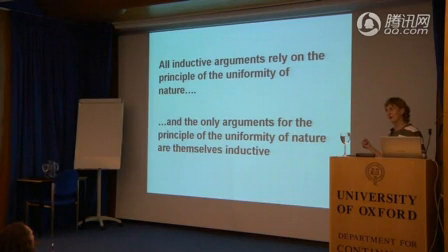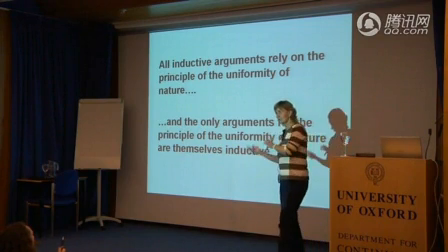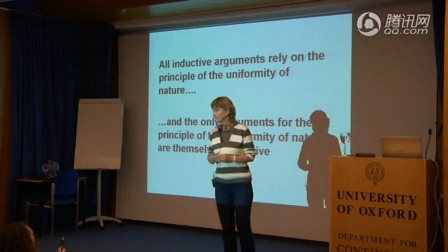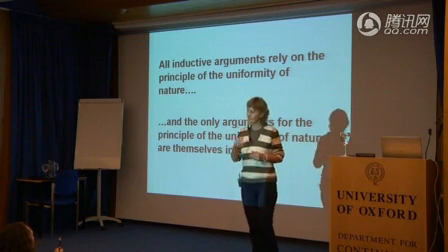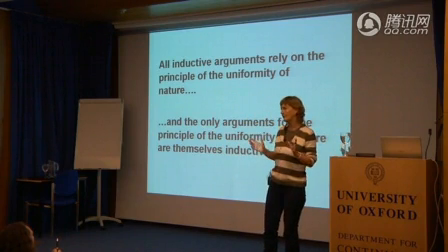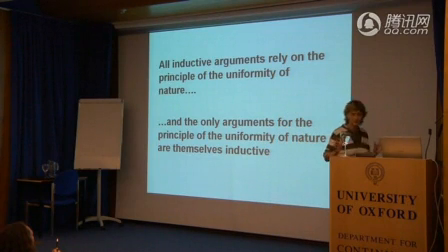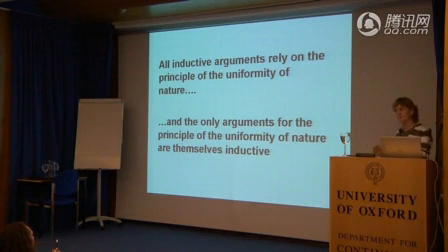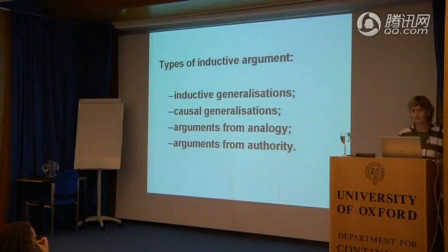People would love to be able to justify the principle of the uniformity of nature, to say why we should believe that the future will be like the past, but no one's conclusively succeeded. There's reams and reams of books and papers written on this problem, and there are lots of theories about it, but there's no theory on which everyone would converge yet.